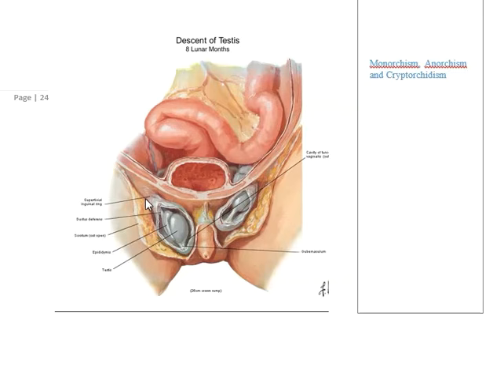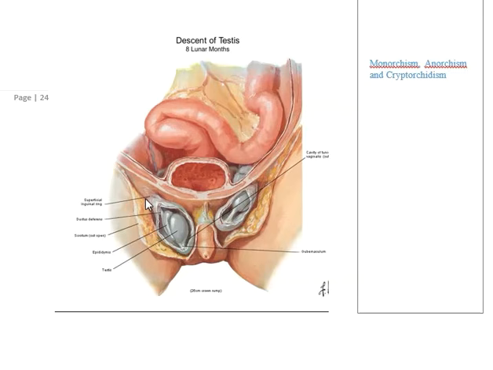Each testis begins to descend during the second month of intrauterine life. It reaches the iliac fossa by the third month and rests on the deep inguinal ring from the fourth till the sixth month, and traverses the inguinal canal during the seventh month.